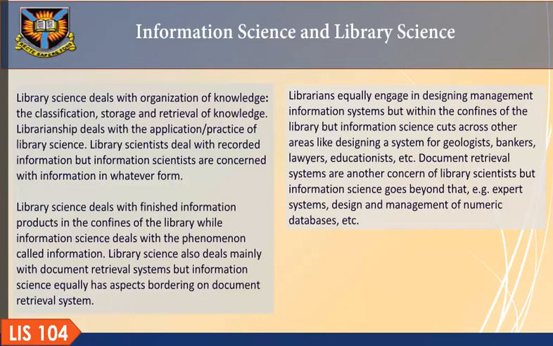Library science deals with finished information products in the confines of the library, while information science deals with the phenomenon called information. Library science also deals mainly with document retrieval systems, but information science equally has aspects bordering on document retrieval systems. Librarians equally engage in designing management information systems, but within the confines of the library.